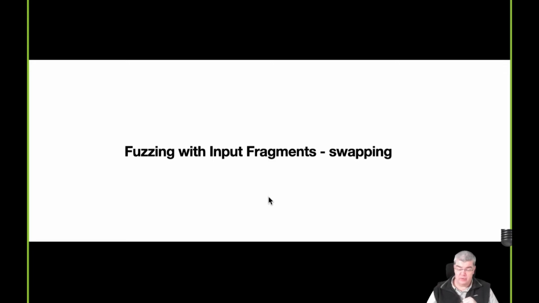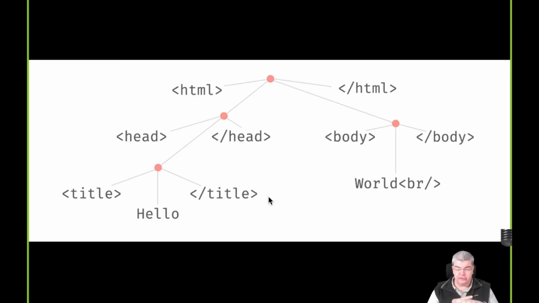All this, when we are parsing these, gives us lots and lots of derivation trees, such as this one. So this is a derivation tree that we get from parsing the HTML text that we have seen earlier.